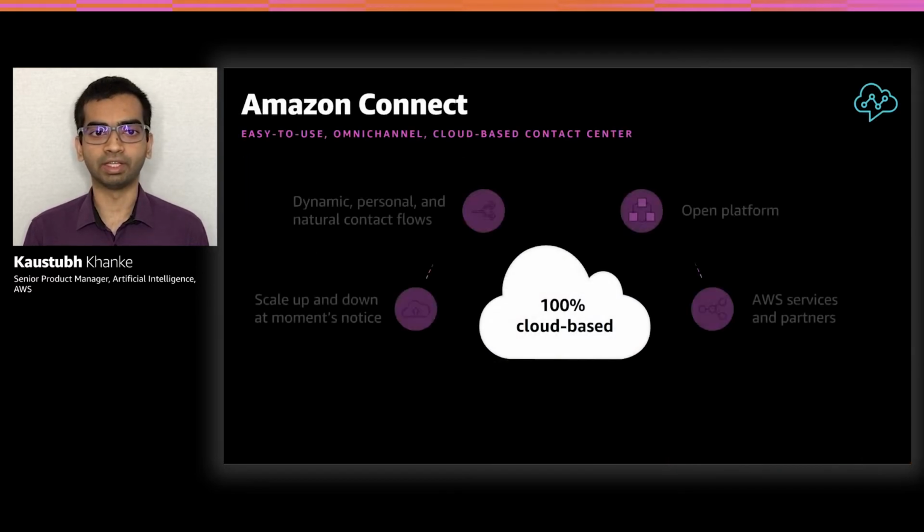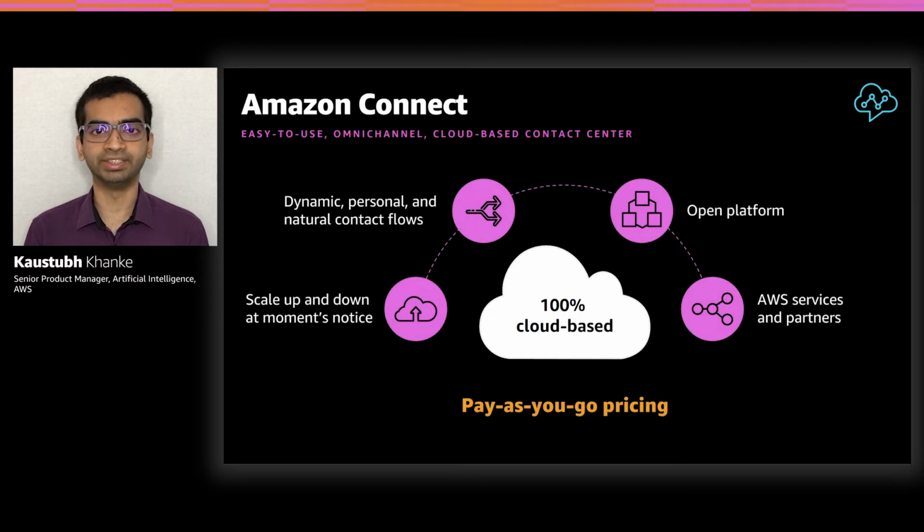In 2017, we launched Amazon Connect, an easy-to-use omni-channel cloud contact center. For those who are less familiar with Amazon Connect, here's a brief introduction. Amazon Connect delivers differentiators that allow AWS customers to create exceptional customer experiences. Amazon Connect was built from the ground up to be 100% cloud-based and can be set up in minutes without the need for any coding.